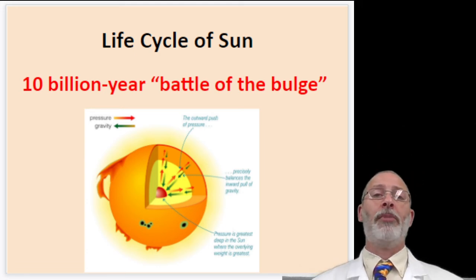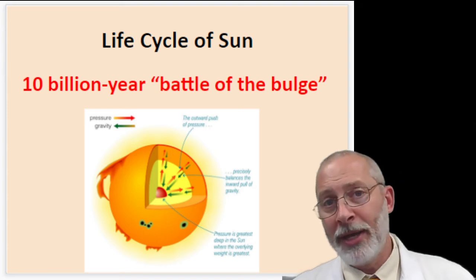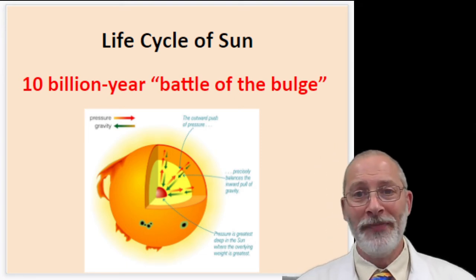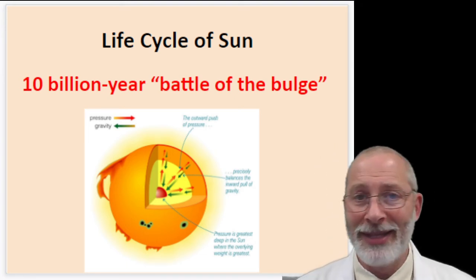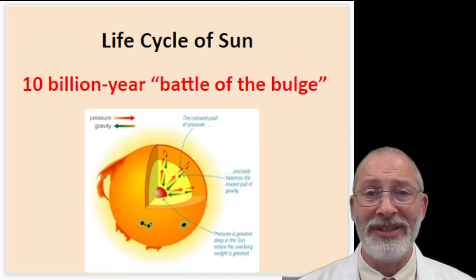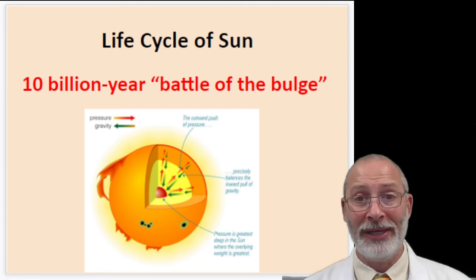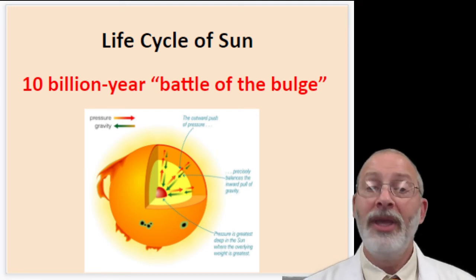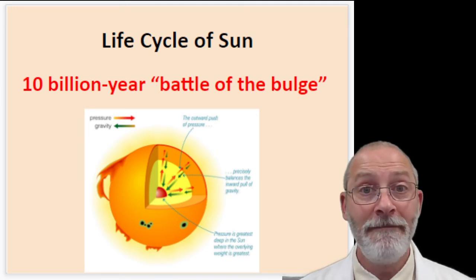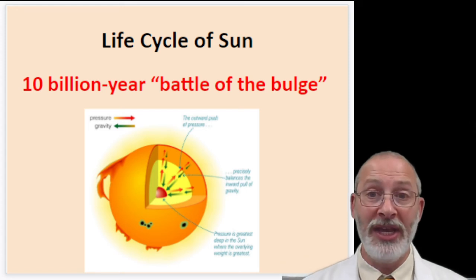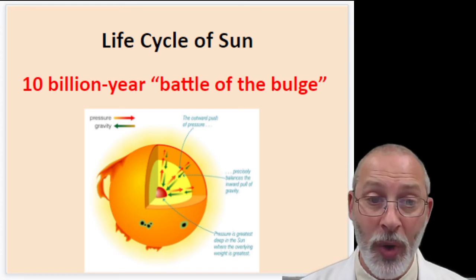I'm battling the bulge in my midlife years here, as I tend to be a little less active and tend to eat a little bit more. I got the battle of the bulge going in my belly. But the sun is a midlife star, and it is experiencing a battle of the bulge as well.